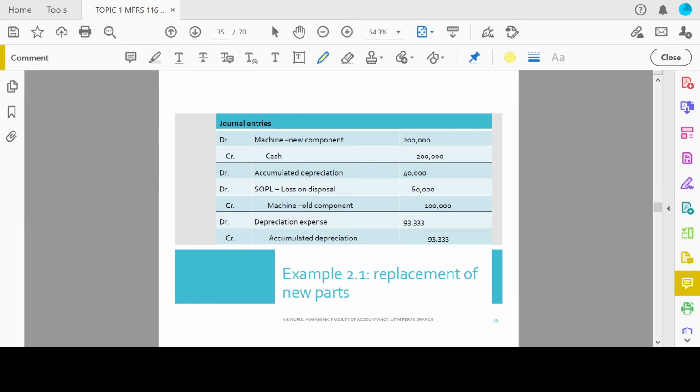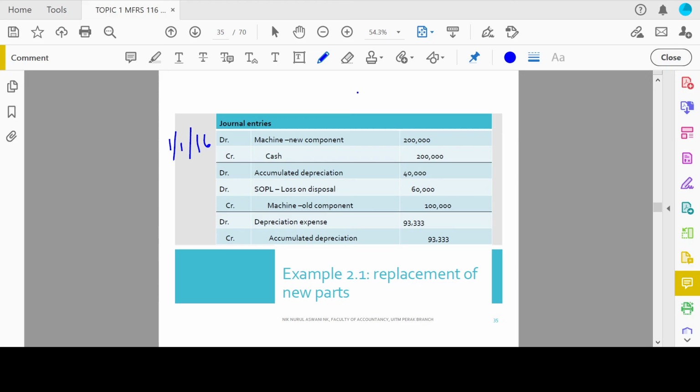Alright. So this is the journal entry. We are going to start with the first transaction, which is the recognition of the new component that happened on 1st January 2016. When we say that we add to the carrying amount, it means that we are going to add to the same asset account.